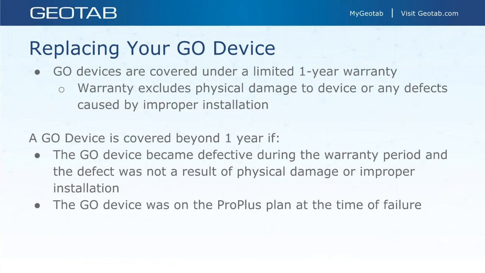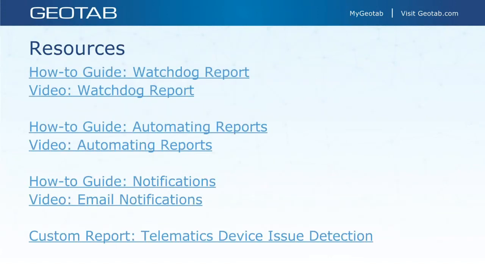Unfortunately, if you have a device on Pro, that device fails, and you go put it on Pro Plus, we're not going to honor that. It needs to be on the Pro Plus plan at the time of failure, and if it is, limited lifetime warranty.